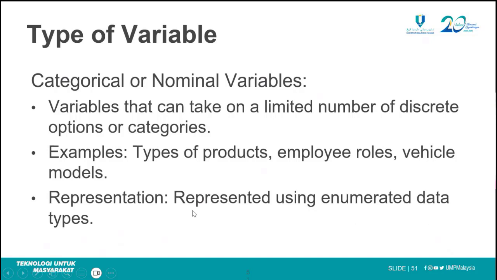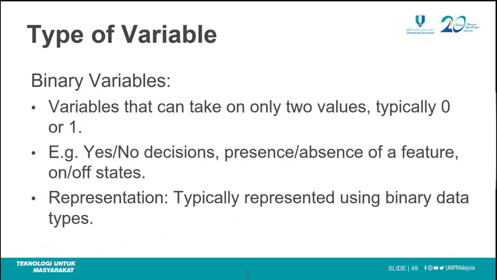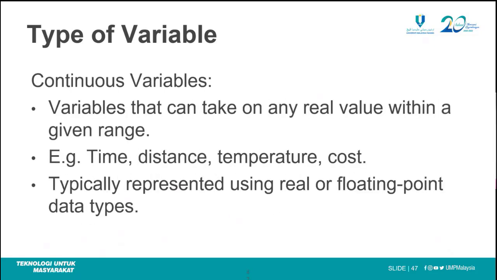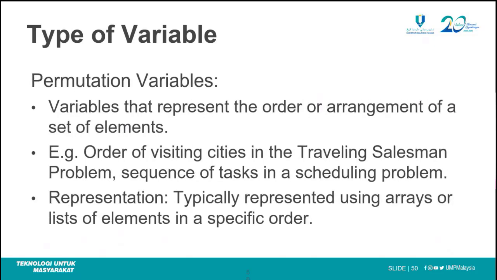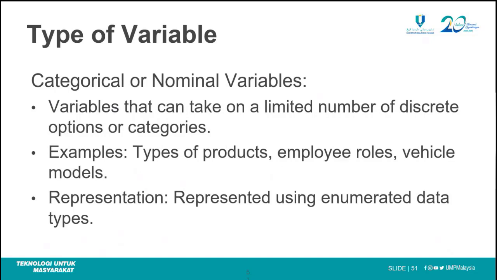In our examples, normally we are dealing with continuous variables, discrete variables, and permutation variables. Those are the most commonly used types of variable in optimization problems.